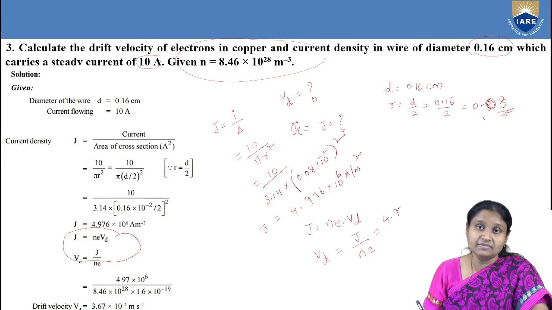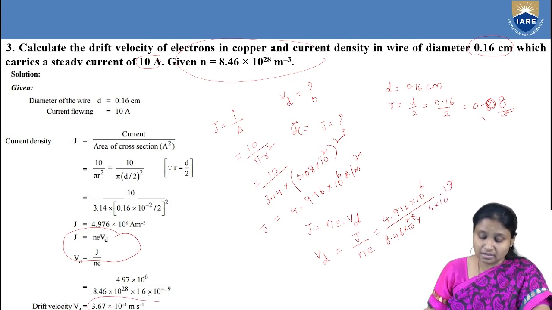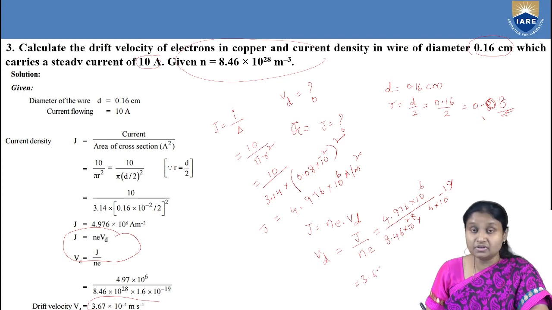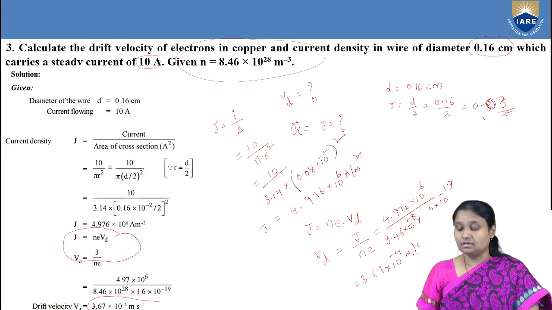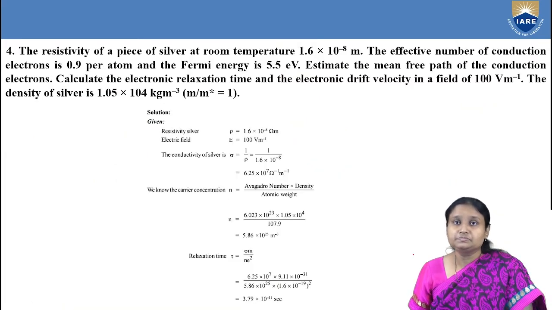We got 4.976 into 10 to the power of 6, divided by the carrier concentration, which is 8.46 into 10 to the power of 28, into 1.6 into 10 to the power of minus 19. And if we do it, our value comes out to be 3.67 into 10 to the power of minus 4 meter per second.